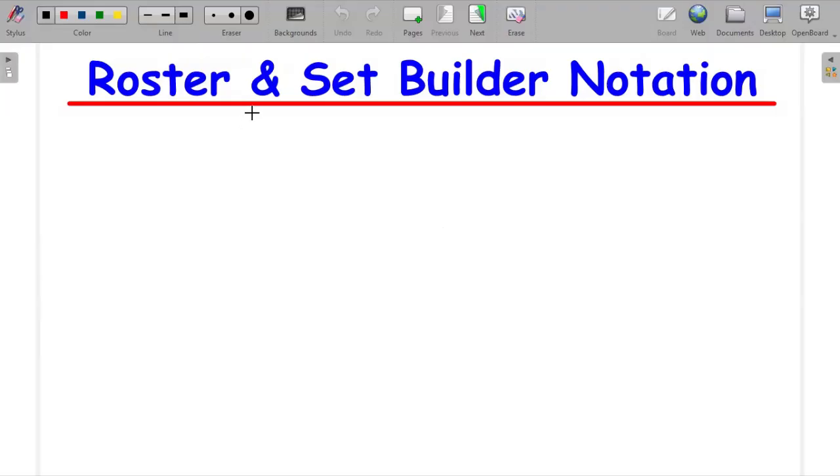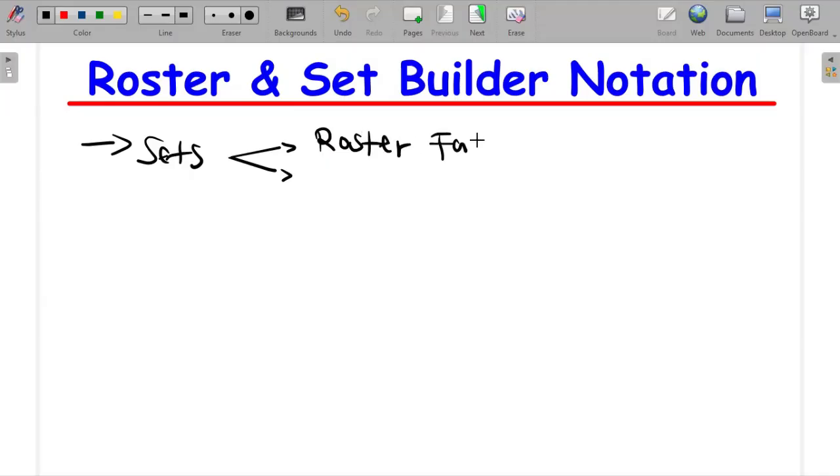Okay, so now when you talk about sets, there are a lot of ways in which you can represent sets, but the most important ones that we're going to be using in this course are, one, the roster form. We're going to use the roster form to represent a set.